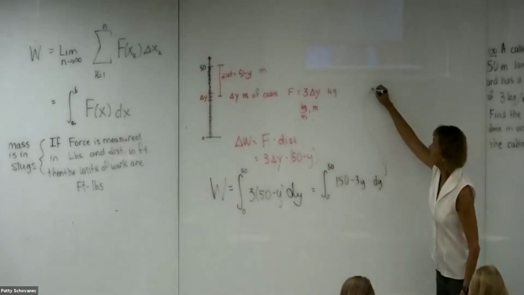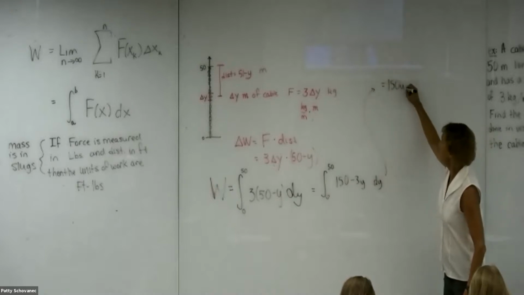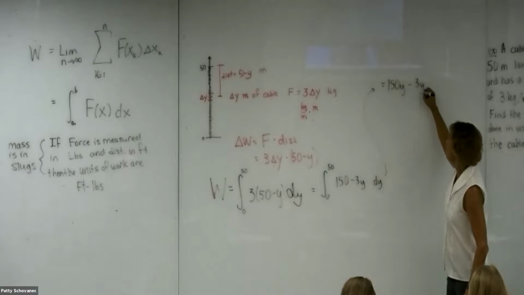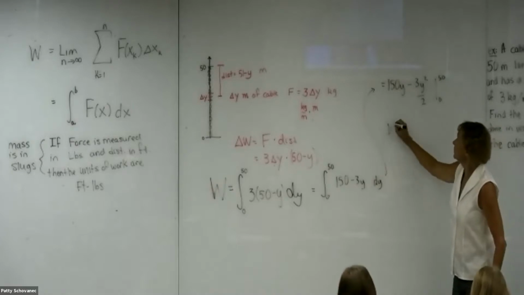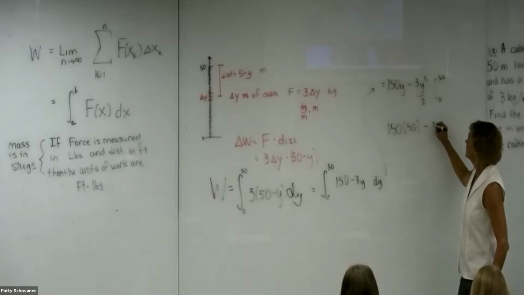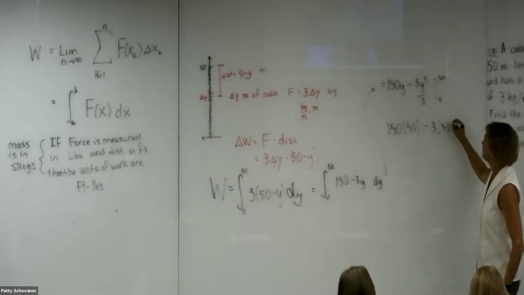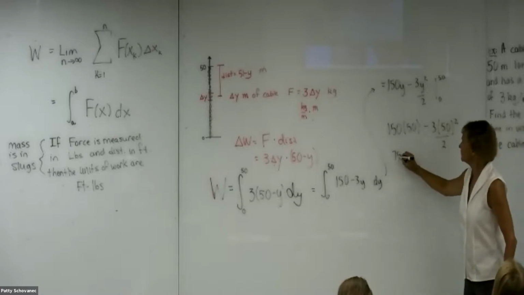We take it up here and we get 150y minus 3y squared over 2 from 0 to 50. I don't know what 150 times 50 is. 7,500.